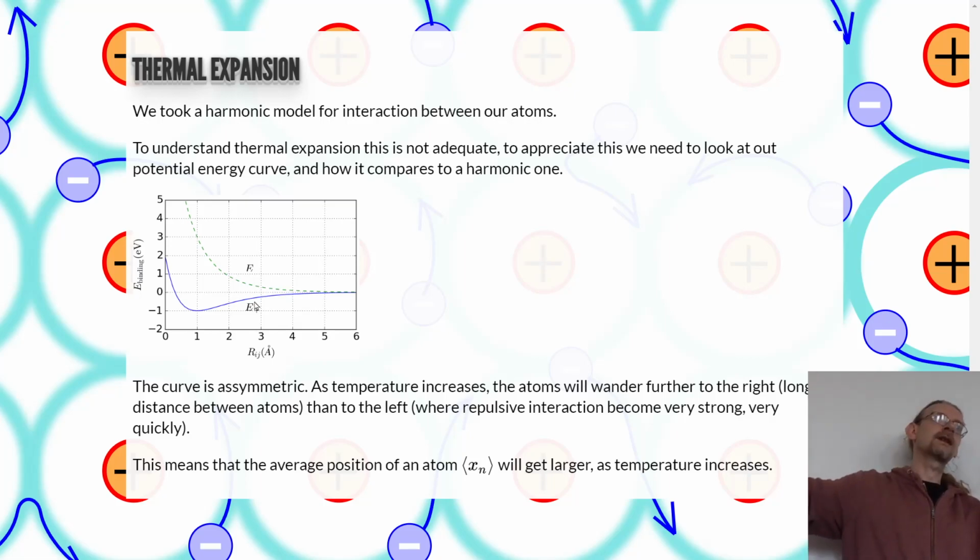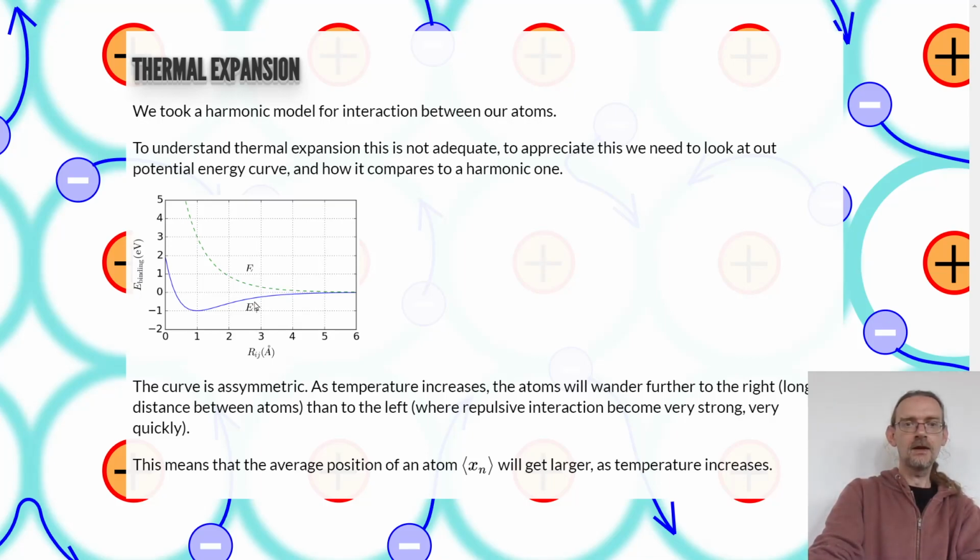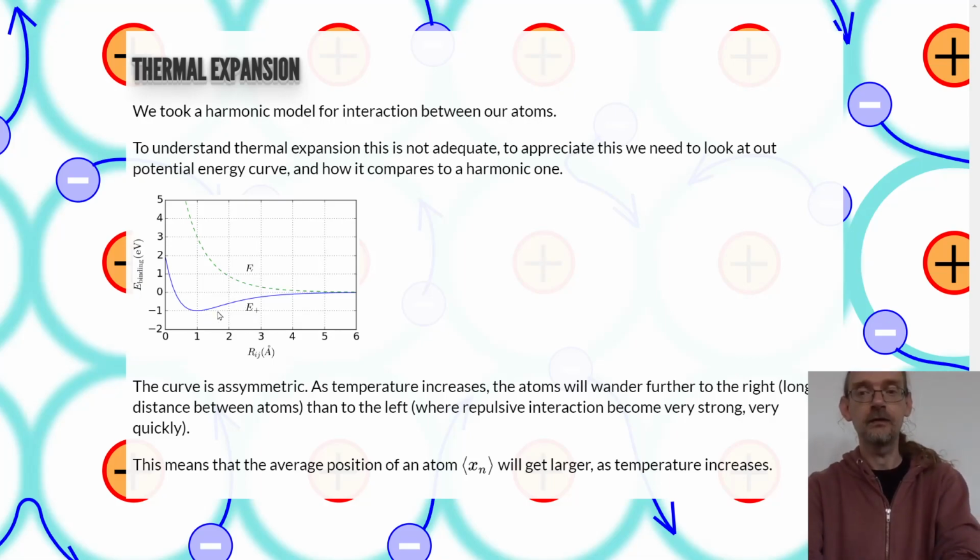If you've got a potential that's anharmonic, as you increase the temperature, the average displacement will shift towards the softer side in the anharmonic potential. So this is a model for what would happen as you increase the temperature. The anharmonic potential will cause the average distance between the atoms to increase.